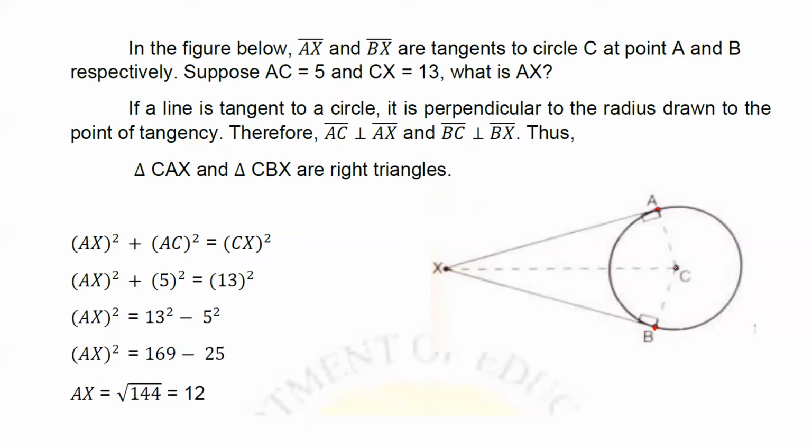Suppose AC is 5 units, CX is 13 units. What is AX?